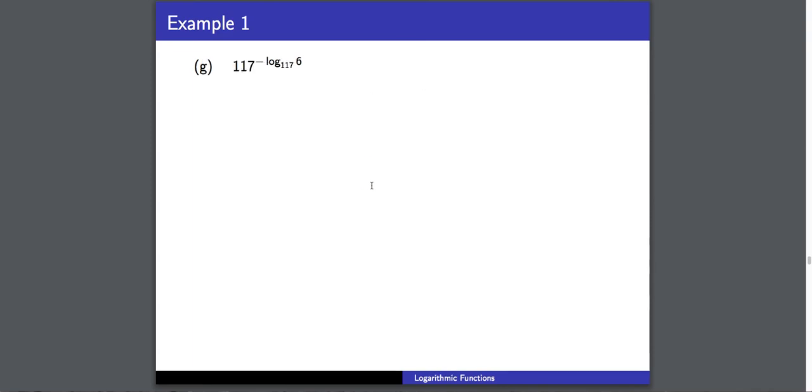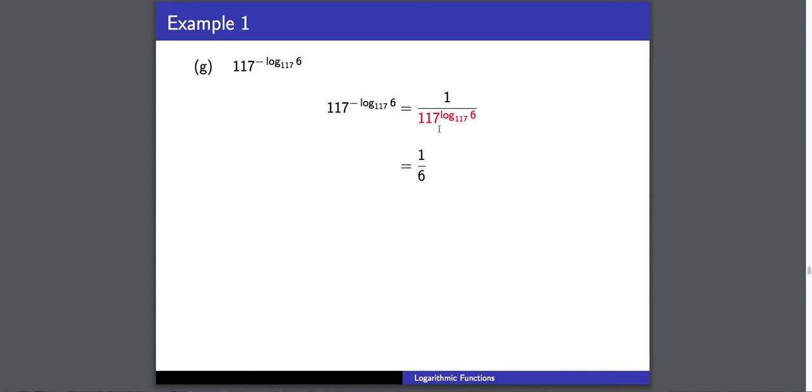All right, part G, we have 117 to the negative log base 117 of 6. That's a crazy one. So remember, raising something to the negative power means 1 over that something to the positive power. So 117 to the negative log base 117 of 6 is 1 over 117 to the log base 117 of 6. Well, once again, we have 117 to the log base 117 of 6.